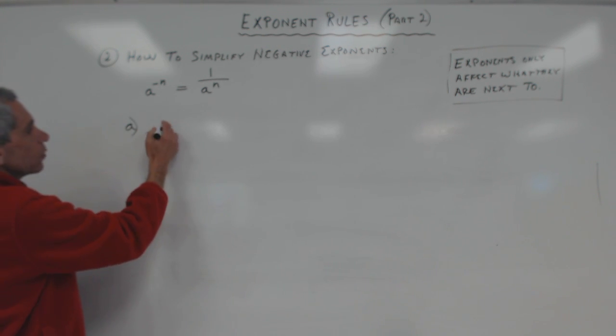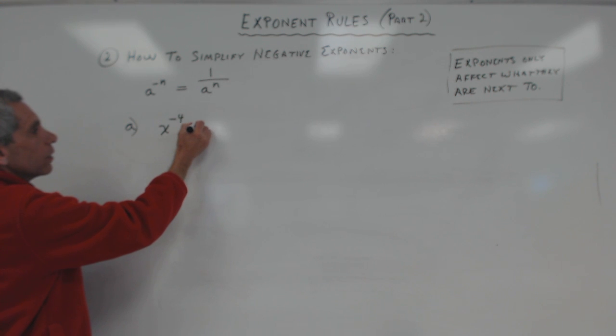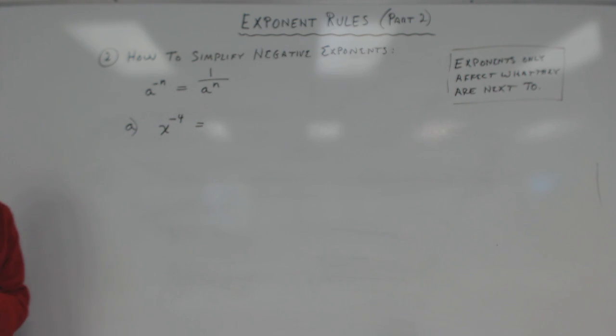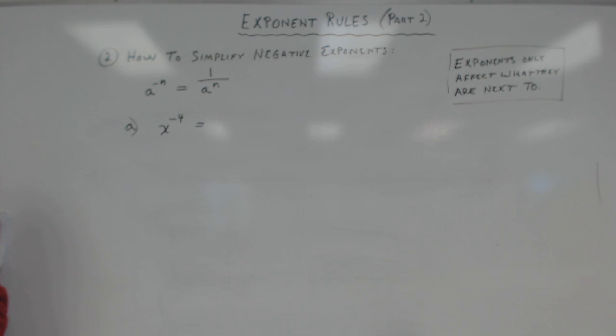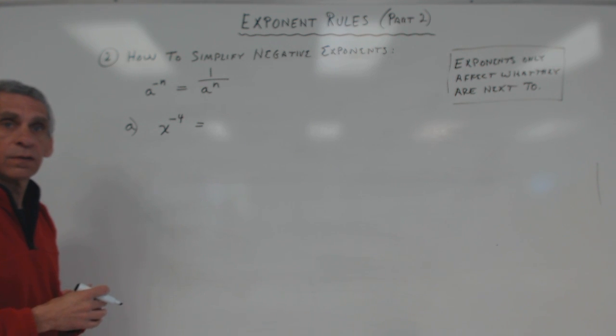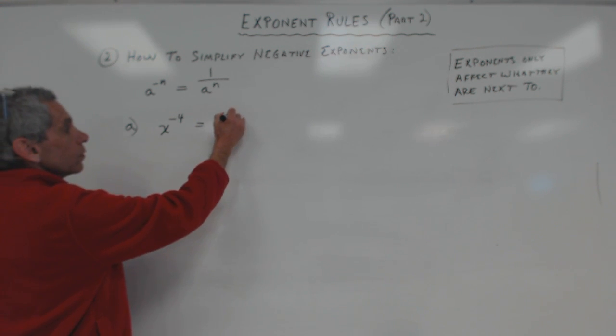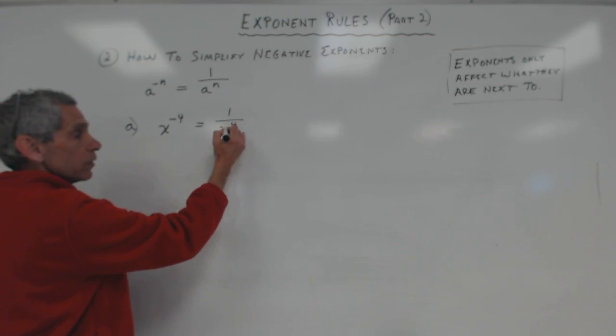So we got x to the negative 4. Using this rule, what would it be? It'd be 1 over x to the positive 4.